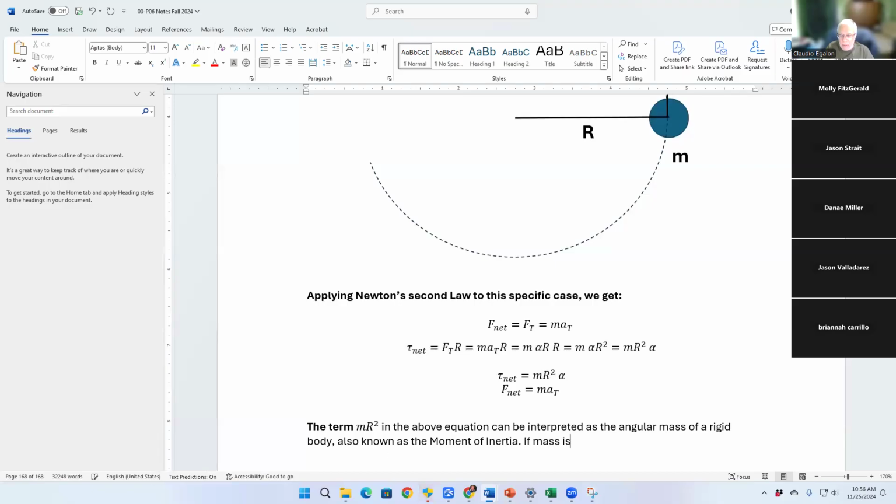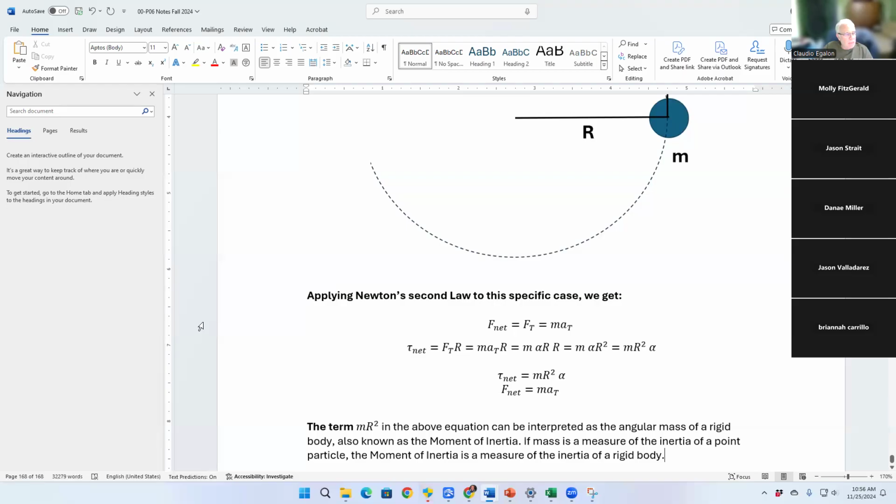If mass is a measure of the inertia of a point particle, the moment of inertia is a measure of the inertia of a rigid body. Even though we did just for a point particle, this whole thing can be expanded for a rigid body as well, okay?